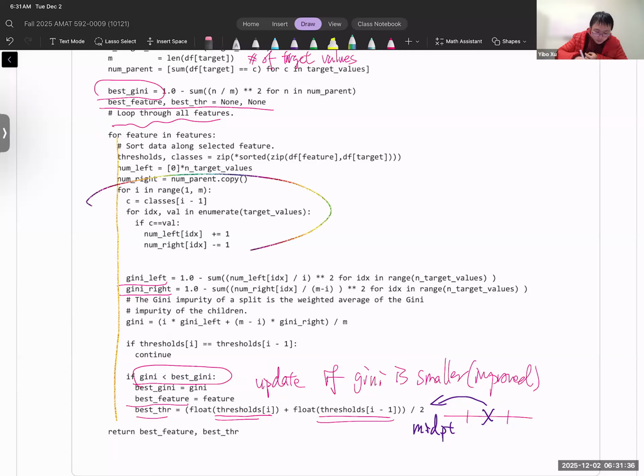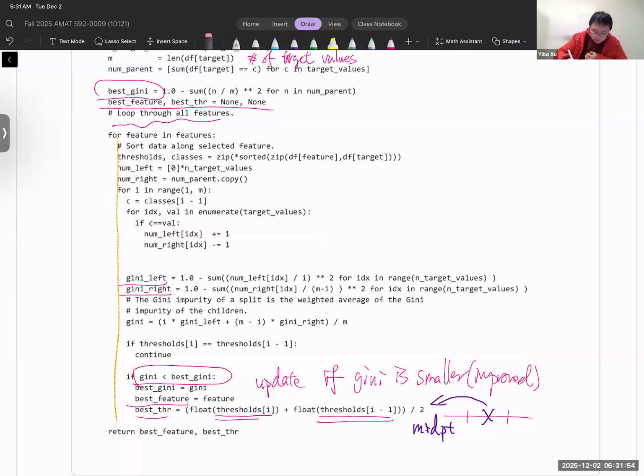And the loop here is basically saying, okay, now for everything below, we have all the m values, the separations, and then we just do one by one. So that's that.